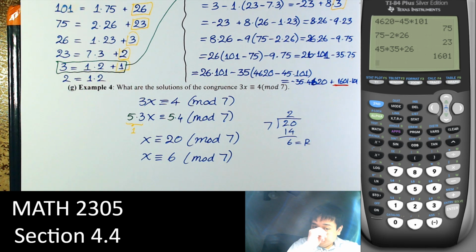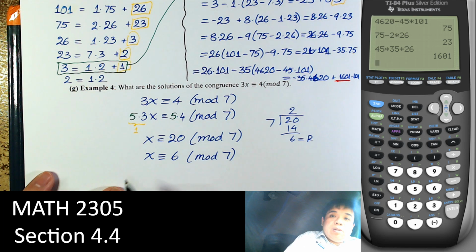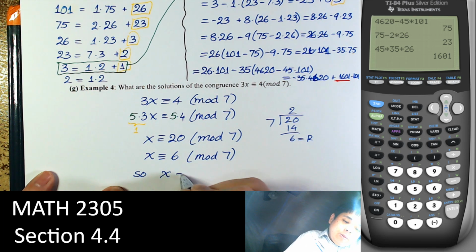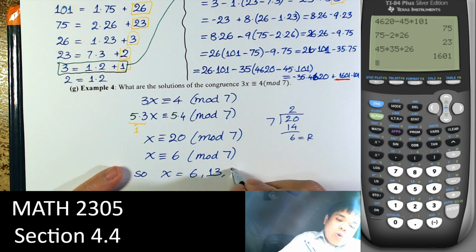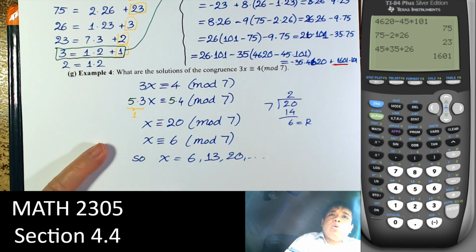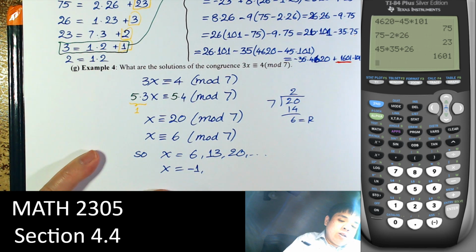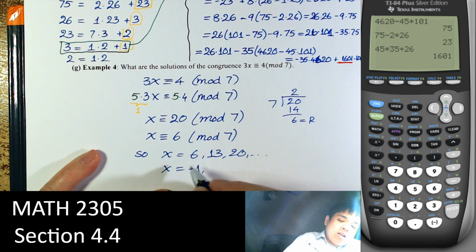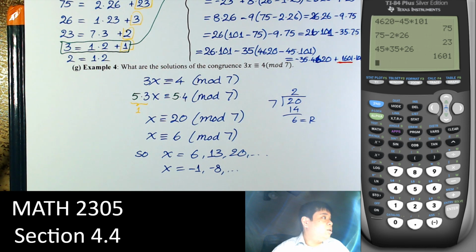Alright, 6. Then we just plus 7, 13. Plus 7, 20, and so on. Of course, you can also subtract if we want the negatives. 6 minus 7, so minus 1, and minus 1 minus 7 is minus 8, and so on. So there will be infinitely many solutions.